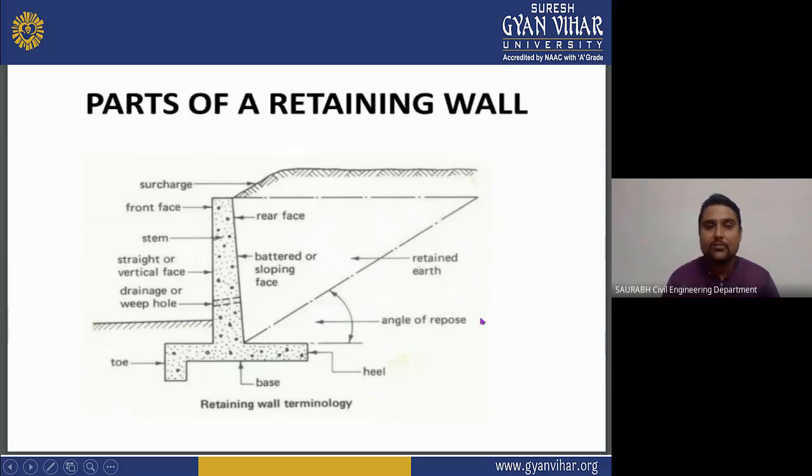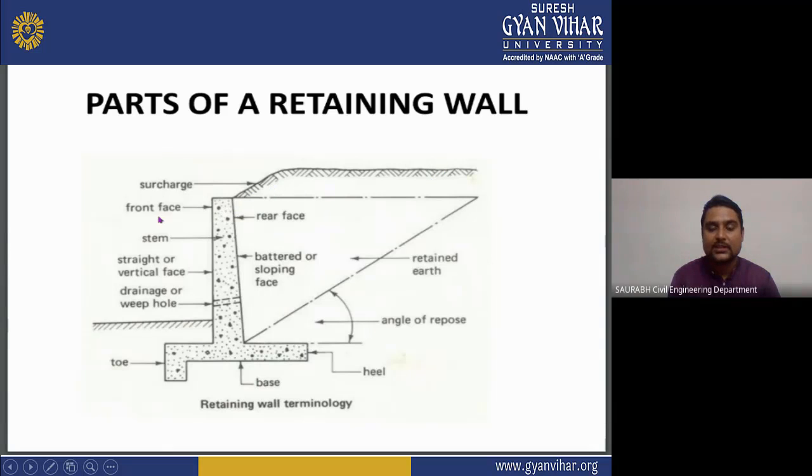Now we will look at the parts of a retaining wall. First, you can see this is your retaining wall, which is made of concrete. We will start from this side. As you can see, it is retaining something, which is surcharge, meaning the layer above the retaining wall is known as surcharge.